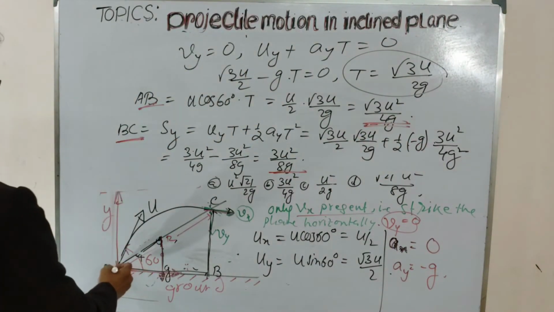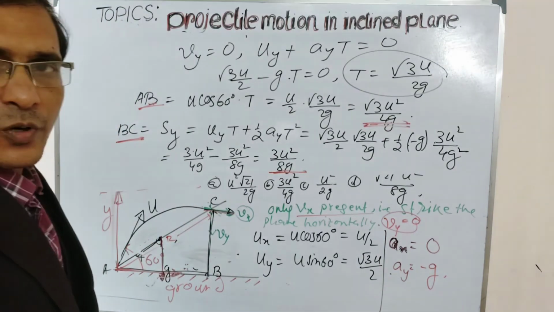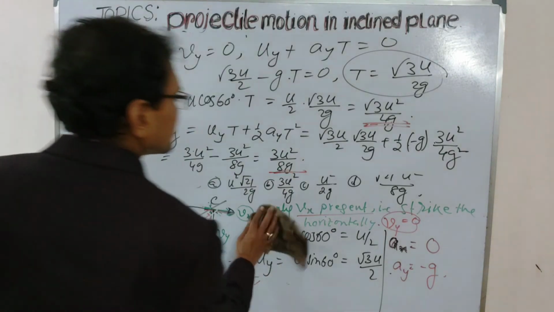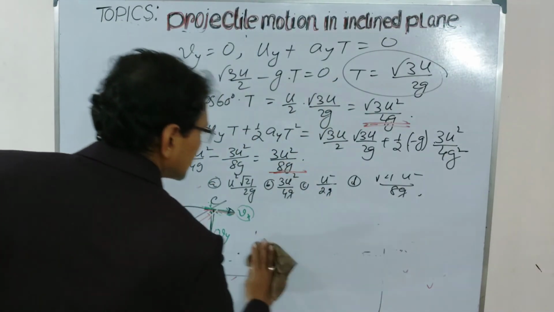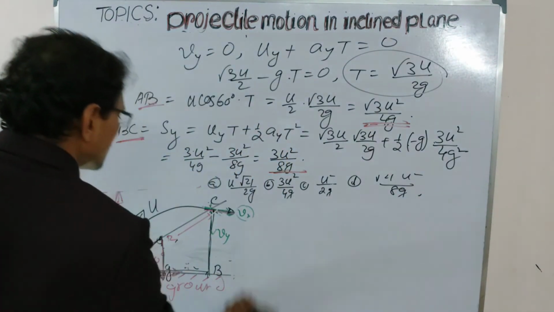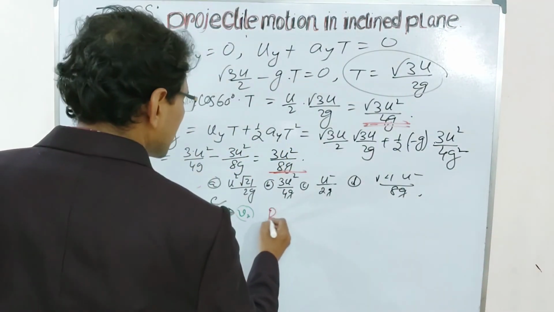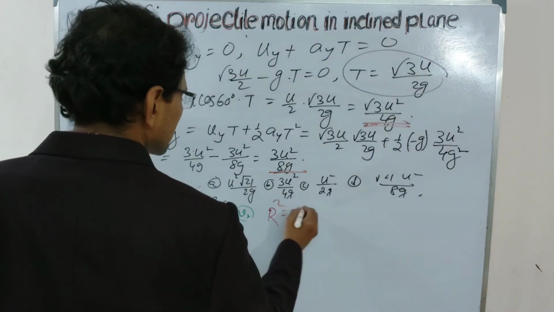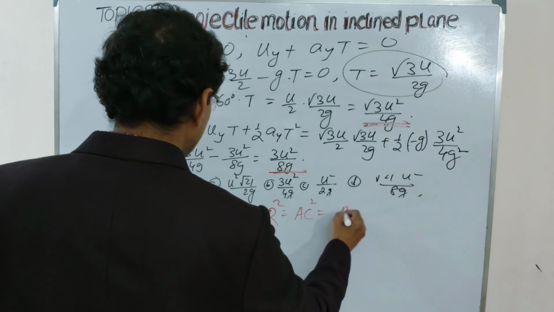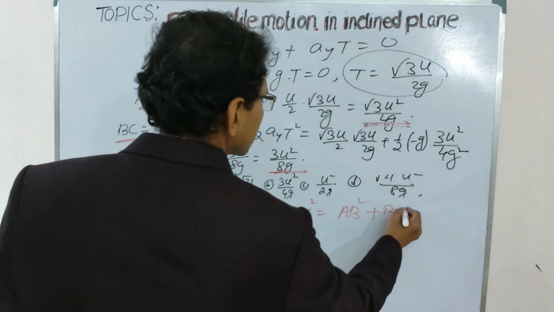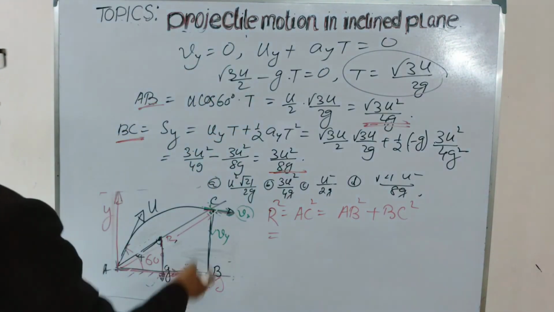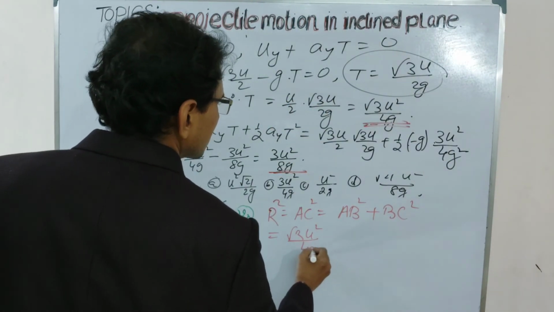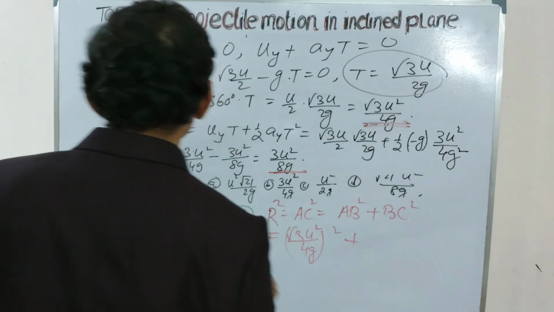Now from Pythagoras theorem we can find the range. Range R: AC square equal to AB square plus BC square. So AB equal to this plus BC equal to this.